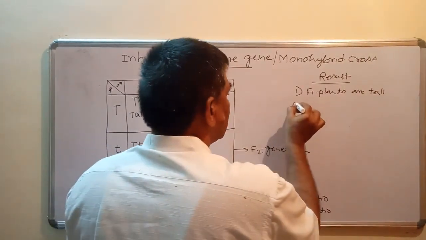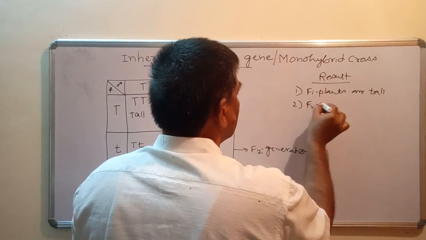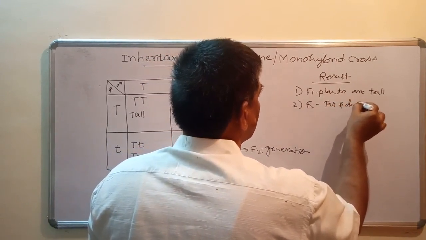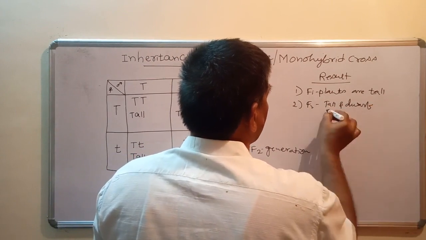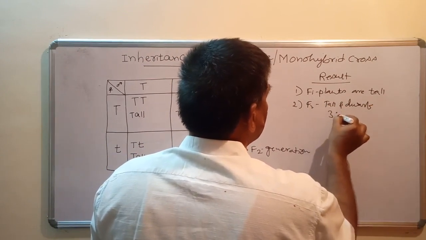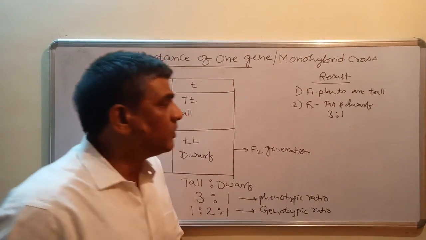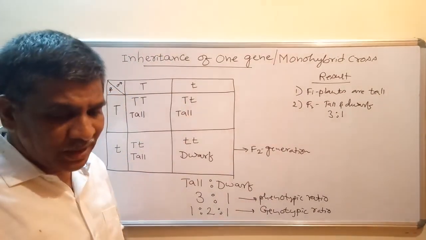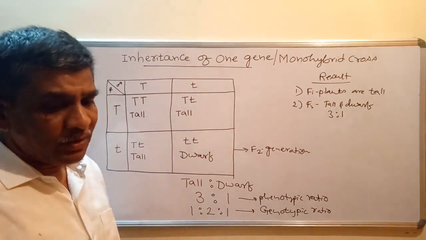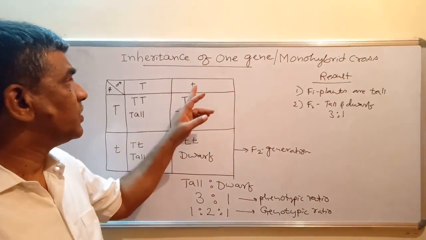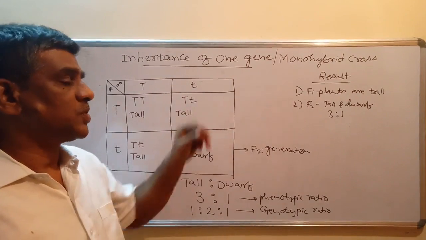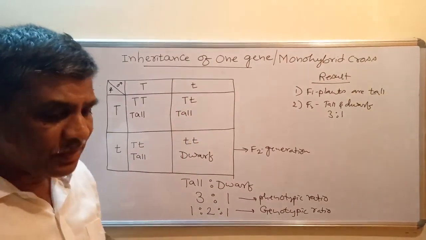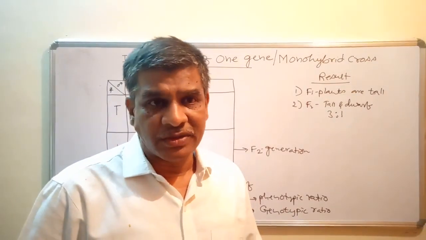In the F2 generation, tall and dwarf plants appeared in the ratio of 3:1 phenotypically and 1:2:1 genotypically. So in this way, Mendel explained inheritance of one particular gene. This is what we call a monohybrid cross. For PUC examinations, this question may be asked for 5 marks.